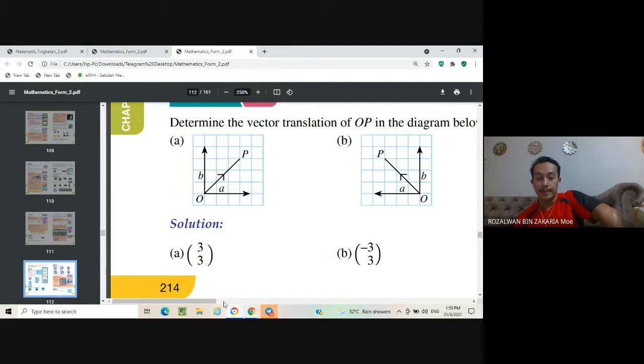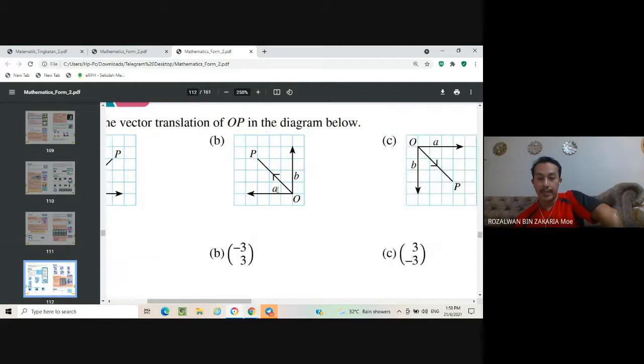And for B here, refer to this diagram. Starting from O here to P. To write the vector translation, we first need to identify the movement parallel to the x-axis. So starting here, 1, 2, 3. That means it moves 3 units to the left.